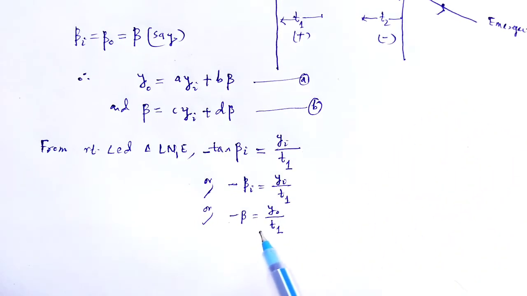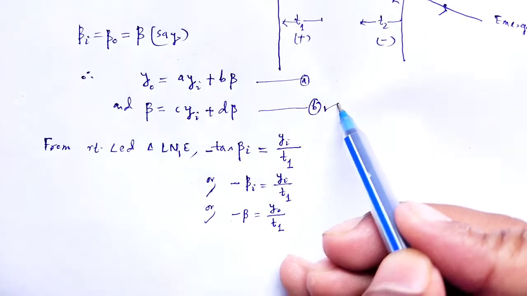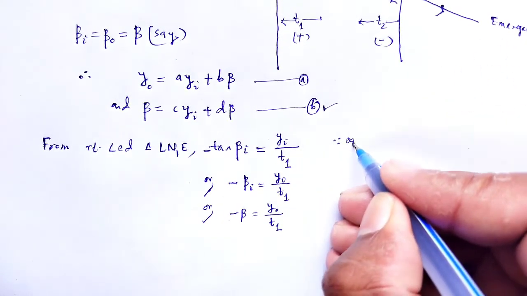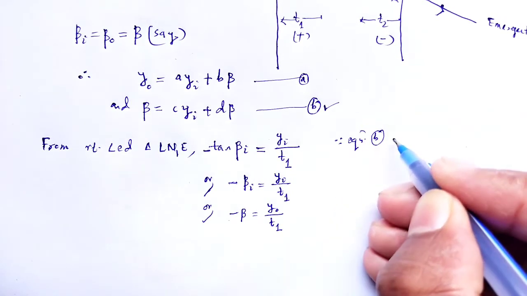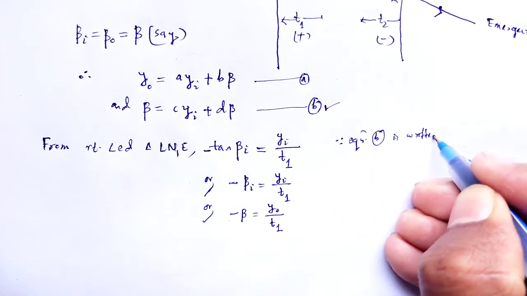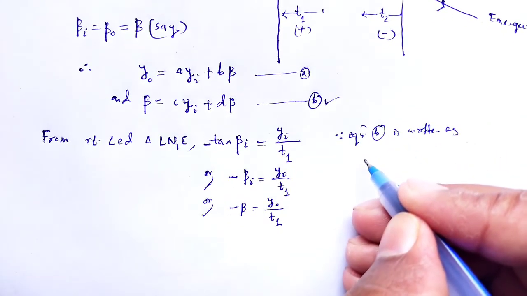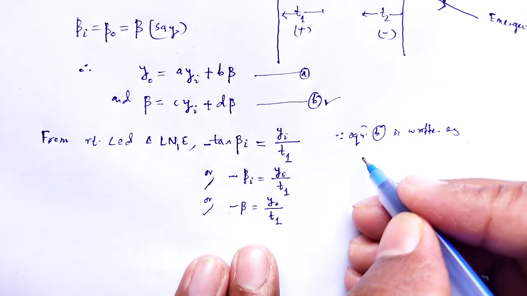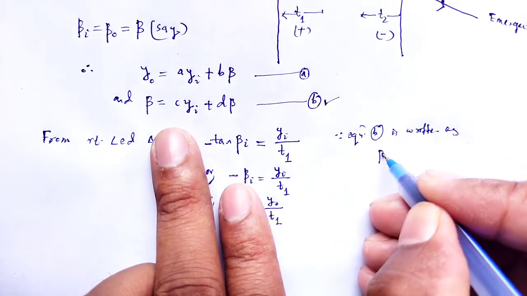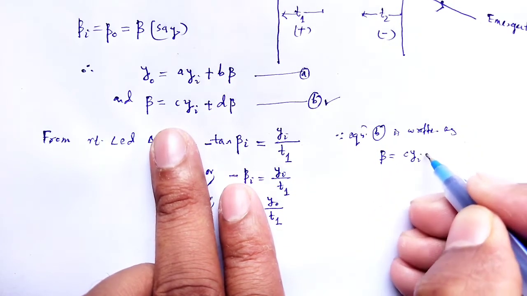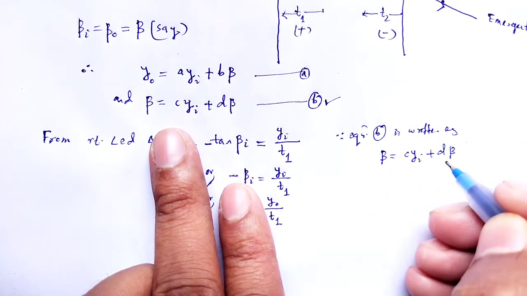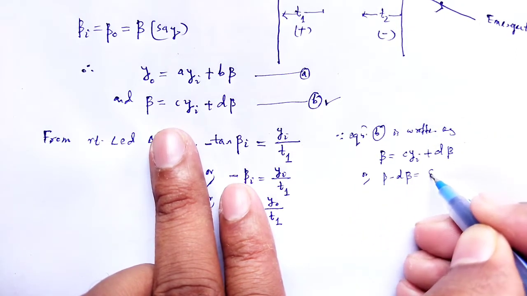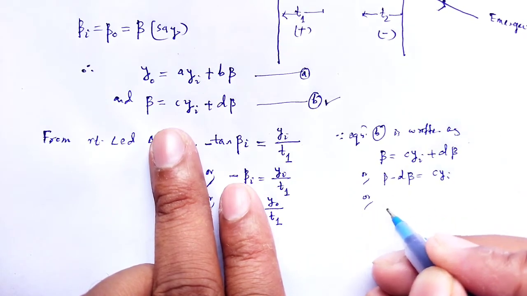Next, put this value in equation number B. Therefore, equation B is written as: beta is equal to c yi plus d beta, or beta minus d beta is equal to c yi.